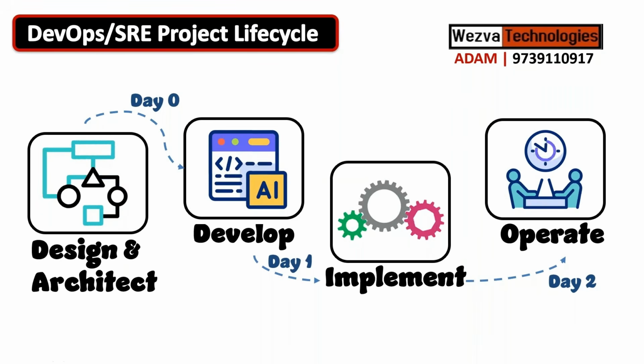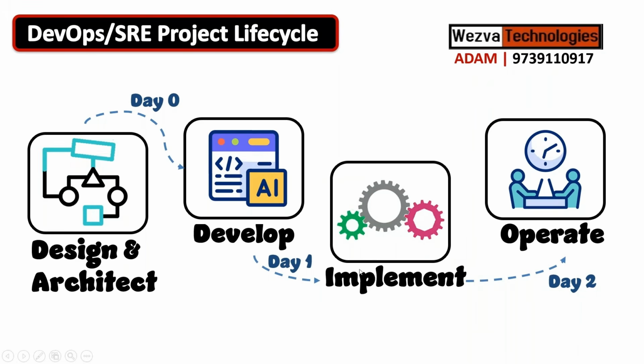Then you implement it. Once the implementation is done, you do the upgrades or maintenance, monitoring, or scaling. Those kinds of things are operations, which is day two. We didn't talk about day zero because we assume the code is already developed, so we are focusing more on day one, on how you implement it to get the best practices. That's where I was trying to go.